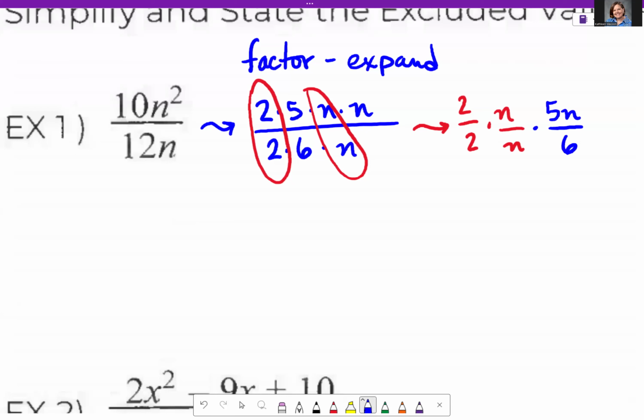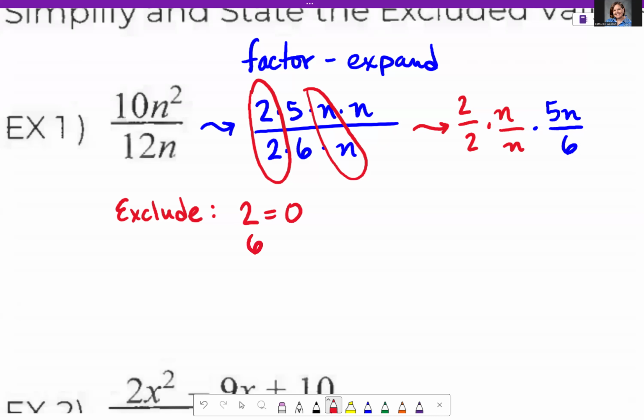Before I simplify these factors and write a reduced fraction, I need to make sure that the denominator is never 0. So I determine which values are excluded. When I look at the factors in the denominator, I have 2, and I don't want that to be 0.